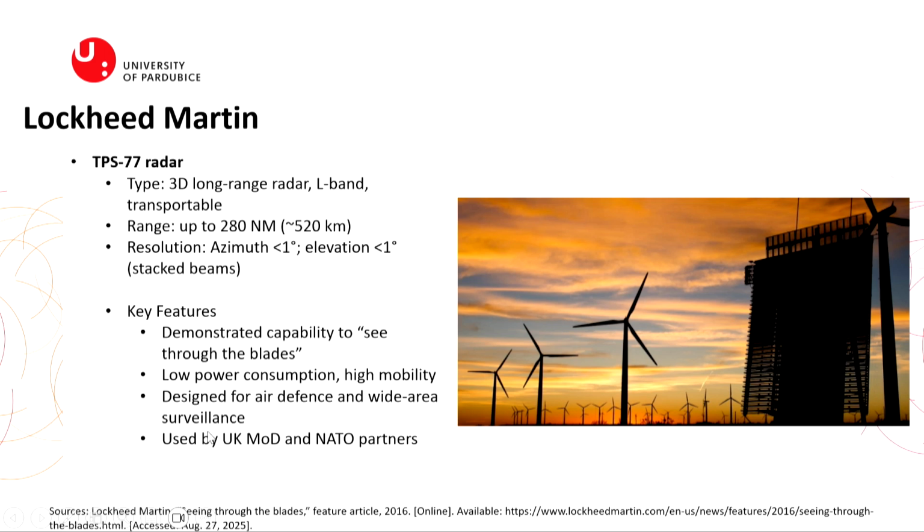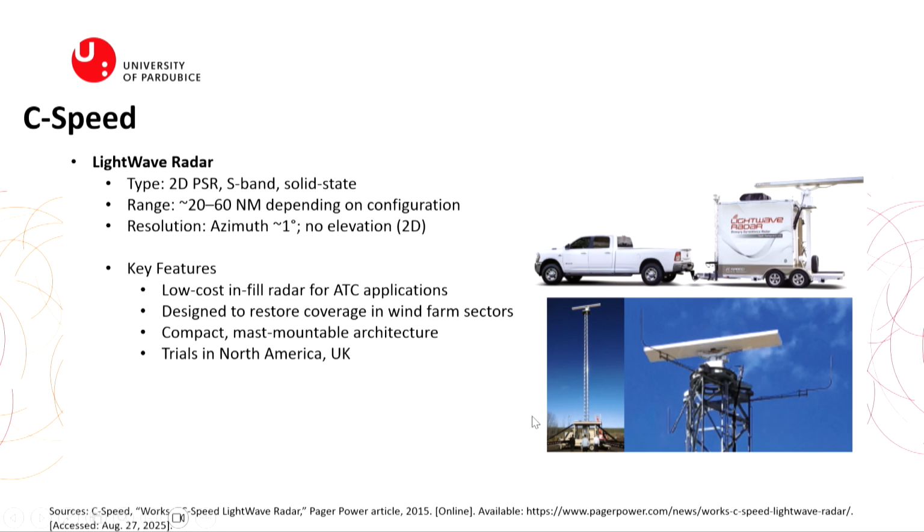And this radar, I think, is more military, because it's used by the military, by defense and NATO partners. You can't find more information because it is military stuff, so of course I don't know. Then there is the C-Speed light wave radar. It is a low-cost infill radar for ATC application, designed to restore coverage in wind farm sectors.